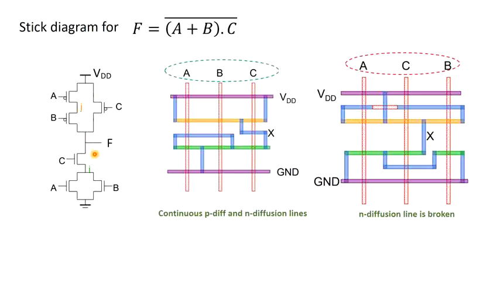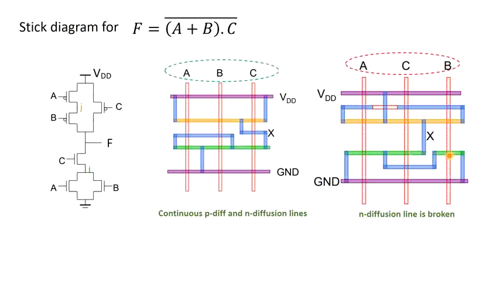But we have to notice one thing. For the earlier case, both N diffusion and P diffusion are continuous, unbroken. But for this particular ordering of gates A, C, B, we can see the P diffusion is continuous, but the N diffusion line is broken. So what does that mean?